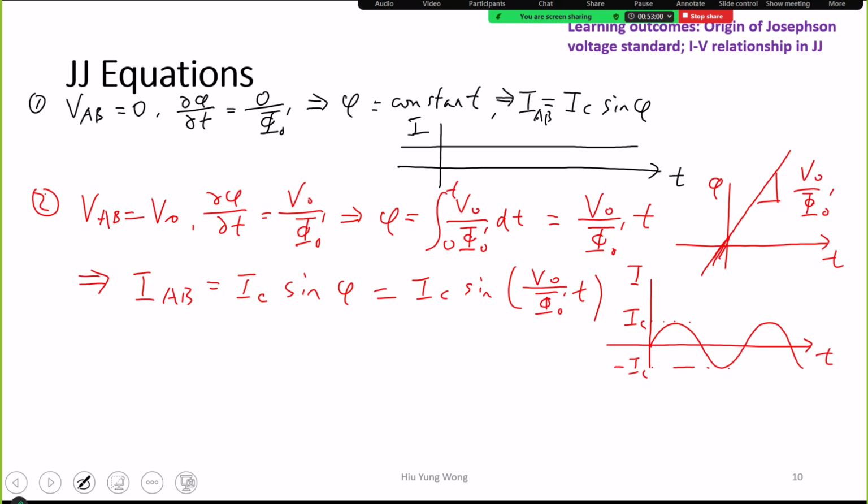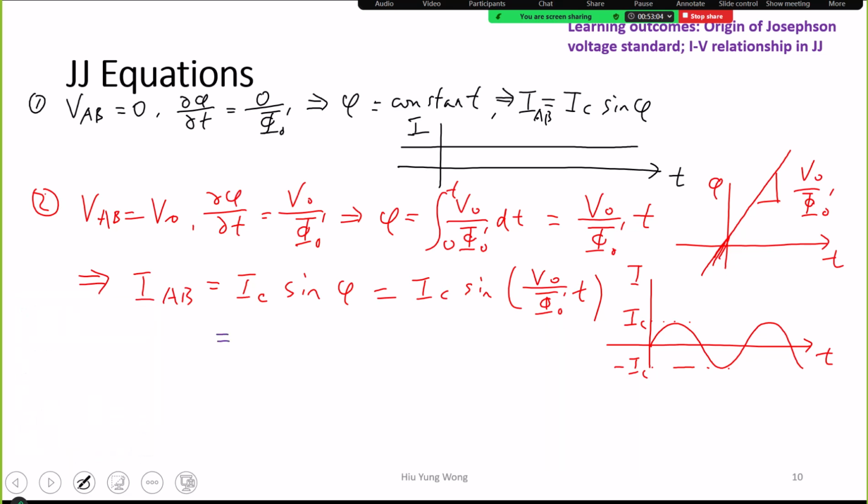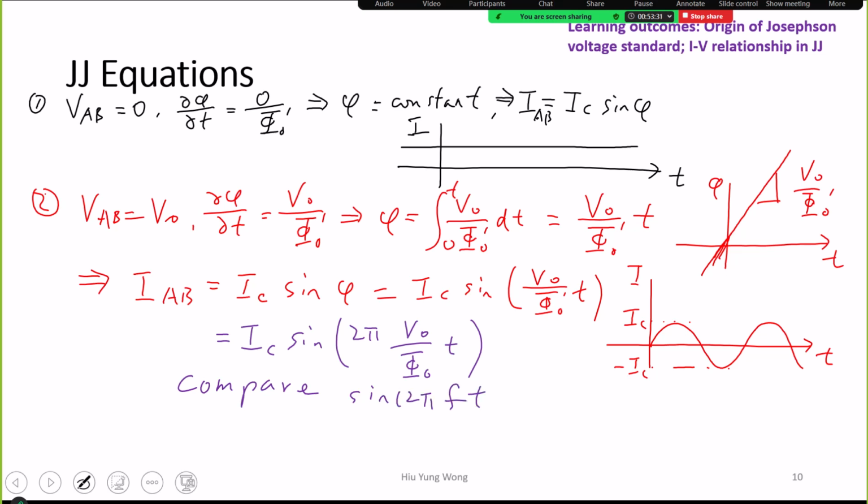Now, I'm using the reduced flux quantum. Now I want to go back to the flux quantum. The difference is that I have 2 pi, so when I pick up the 2 pi, V0 divided by phi naught, because phi naught dash is phi naught divided by 2 pi, times t, right? Let's compare this to a regular equation. Sine 2 pi f t.